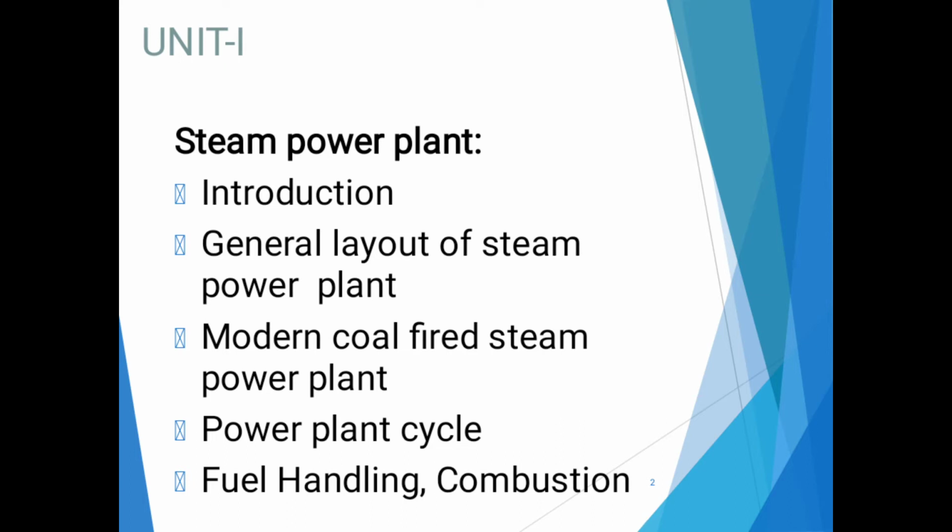We have two modes of power generation. One is conventional type and the second one is non-conventional type. Conventional type power generation is not eco-friendly. It generates air pollution and water pollution.